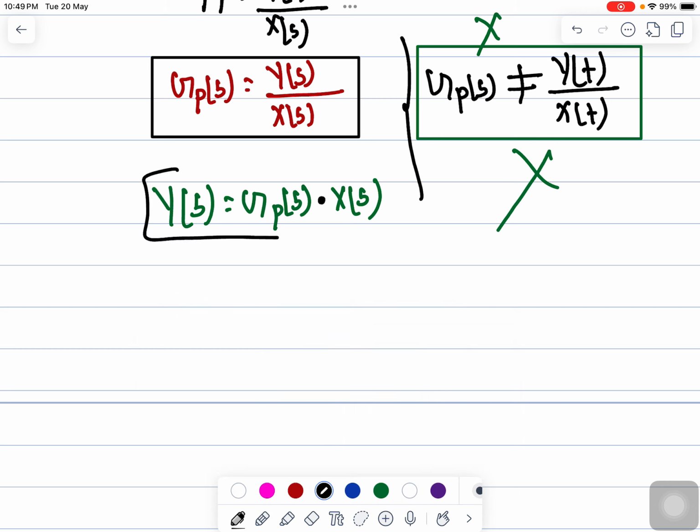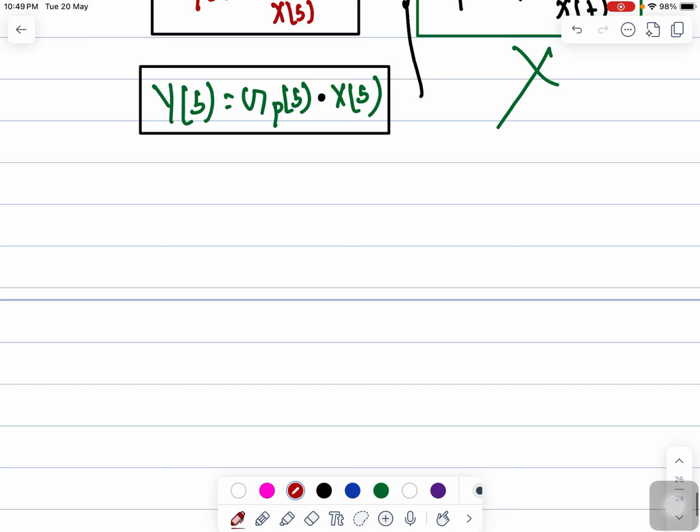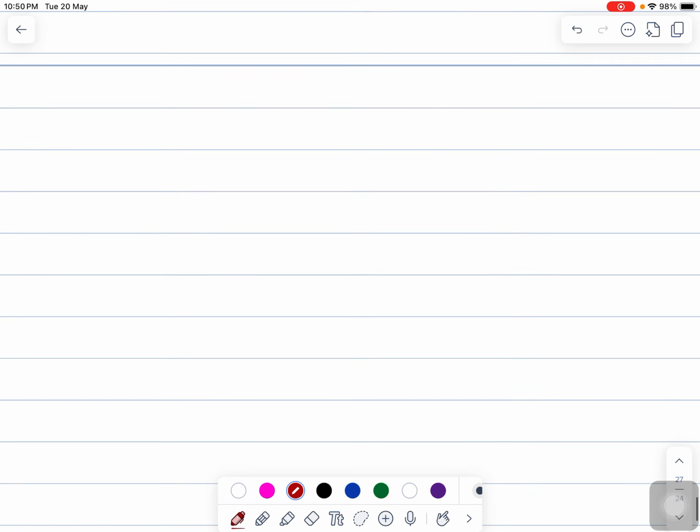Is that clear? Okay, now in our GATE syllabus lots of different kinds of transfer functions are there that we will see in subsequent lectures, but here I'll let you understand the very fundamental thing we are going to study, the transfer function.